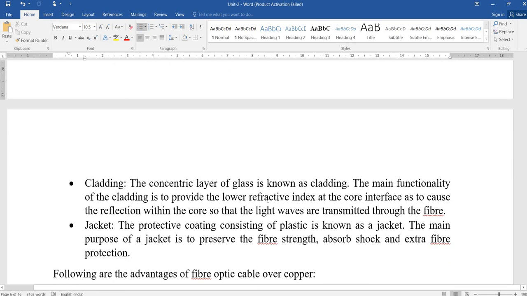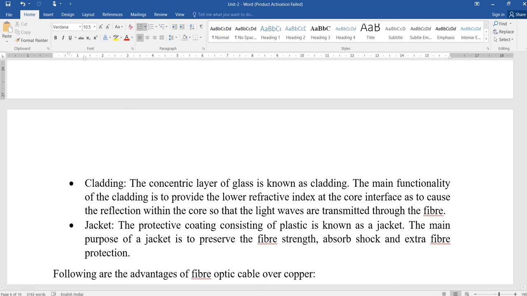Cladding. What is cladding? The concentric layer of glass is known as the cladding. The main functionality of the cladding is to provide a low refraction index at the core interface so as to cause reflections within the core, so that the light waves are transmitted through the fiber.